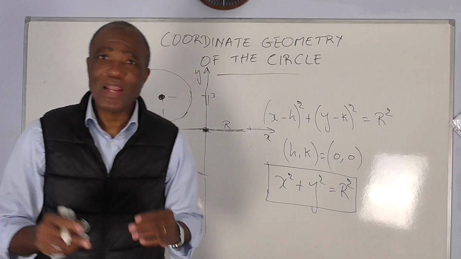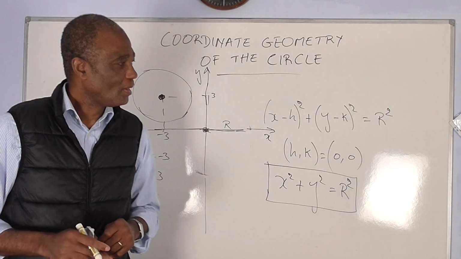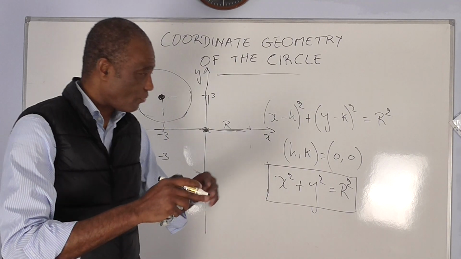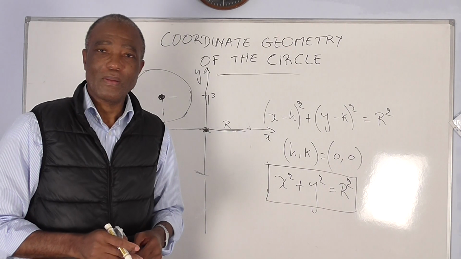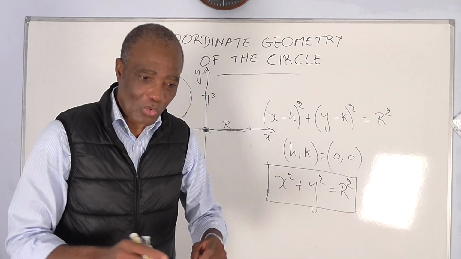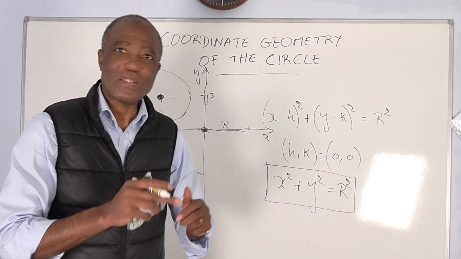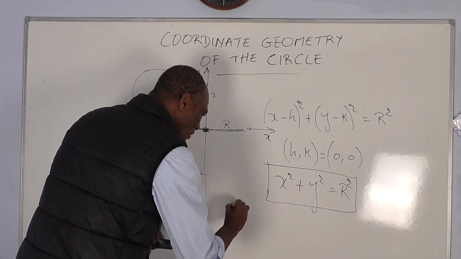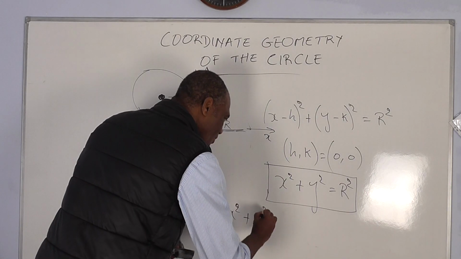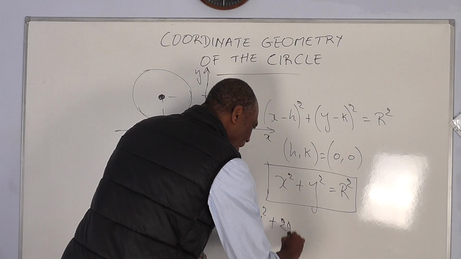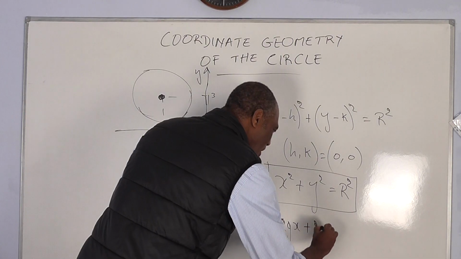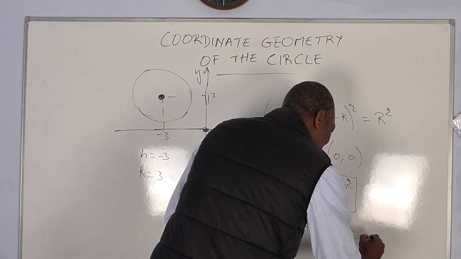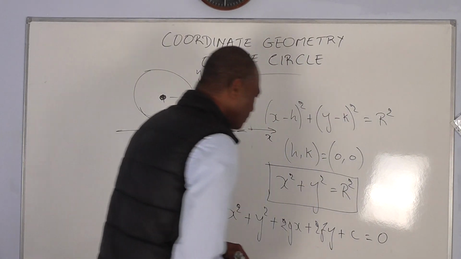But for higher level people, there is another formula. The equation of the circle is usually given in this way: x squared plus y squared plus 2gx plus 2fy plus c is equal to 0.